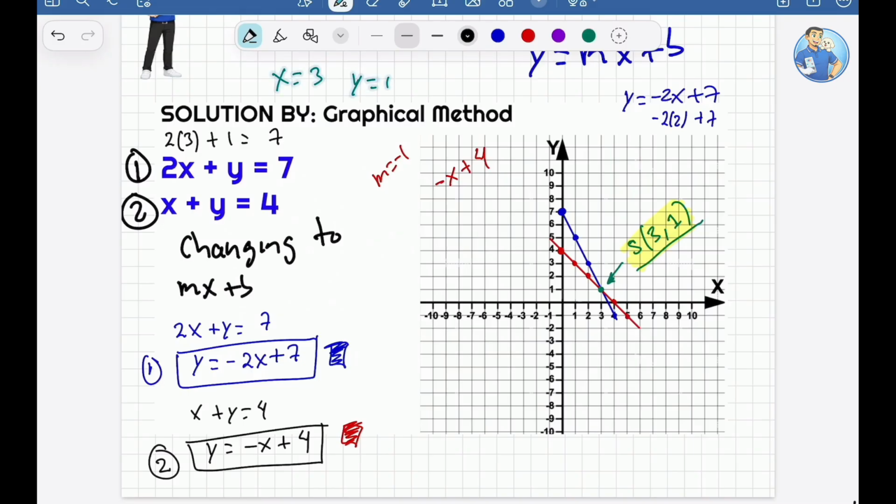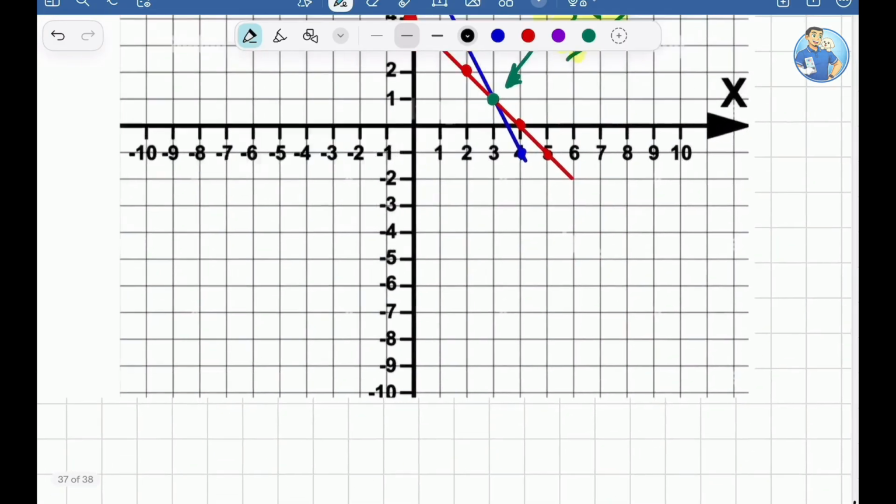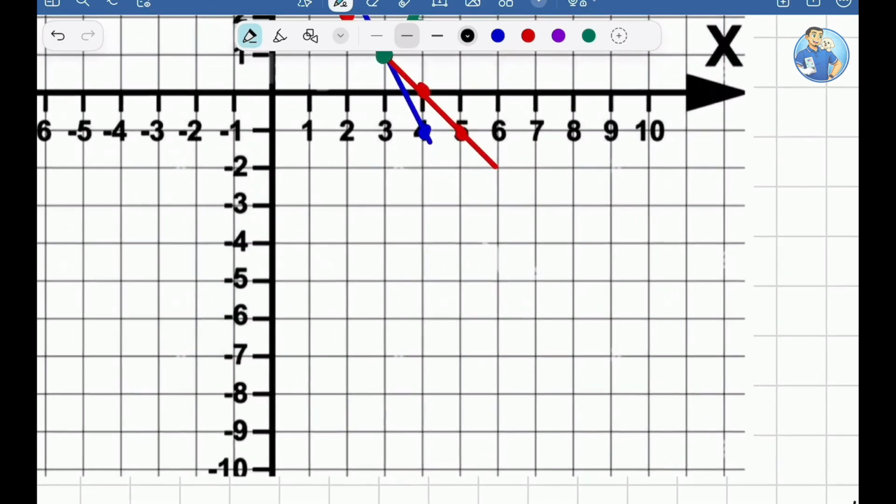One thing I can say here is that sometimes it's a little complicated to read the intersection point. For example, imagine the situation where the intersection point is like here.